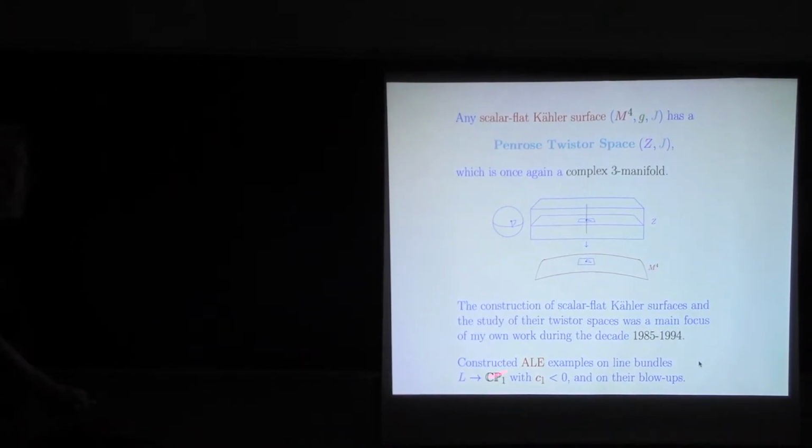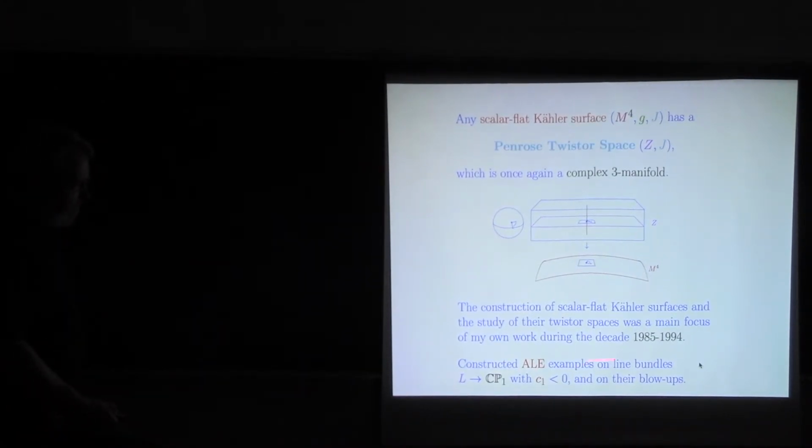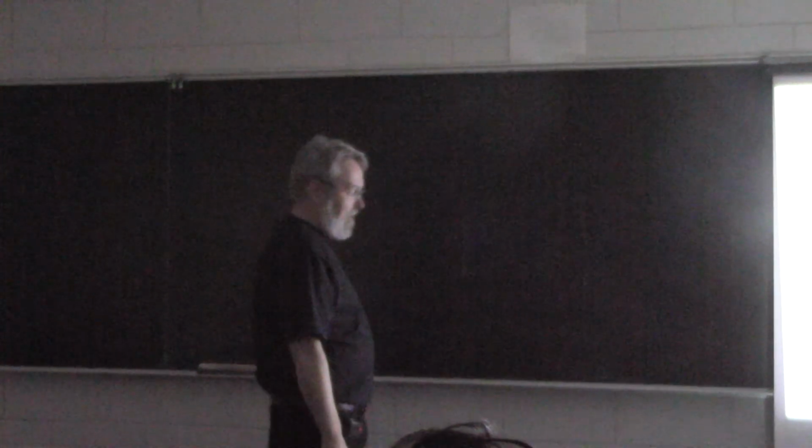Did many other things too, but this was an interesting aspect of it. So wait, this twistor space, I see what the complex structure should be if M is hyperkähler, because for each complex structure in the sphere you use that. Yeah. But you can in fact define this twistor space without having a complex structure on the base. The point is that the fiber consists of all possible almost complex structures at each point, which are compatible with the metric and the orientation, which is a two-sphere.